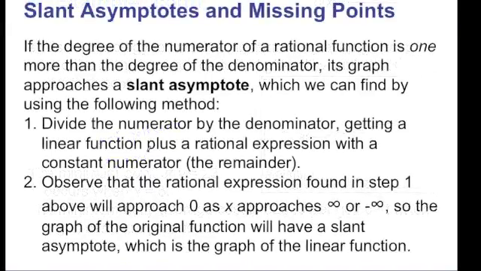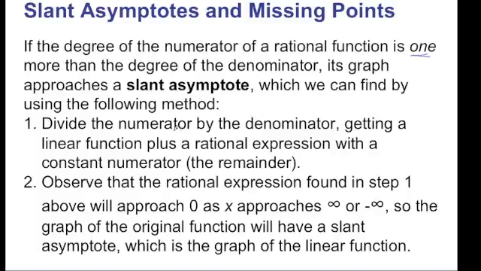Now, slant asymptotes. If the degree of the numerator is one more than the degree of the denominator, its graph has a slant asymptote that we can find by the following method.